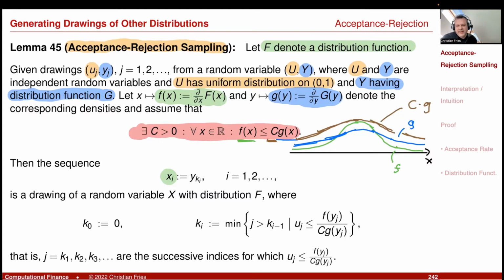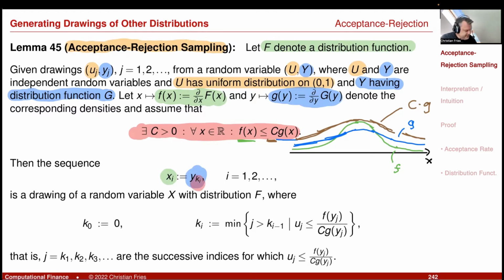Then the sequence Xi is just defined by taking the y at certain points ki. So you have here certain points ki.